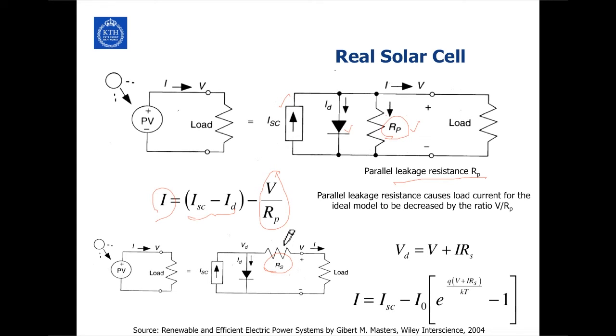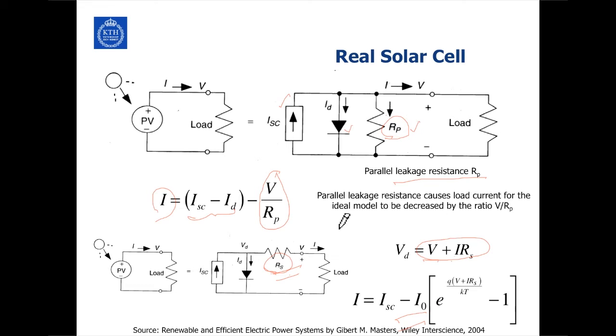And similarly, when you are doing the series resistance, the current of course is going to be given by this value as before, and V_d in this particular case is going to be replaced by this value right here. So when you have the series resistance, V_d is replaced by this value. When you have the parallel resistance, this parameter comes into the equation.